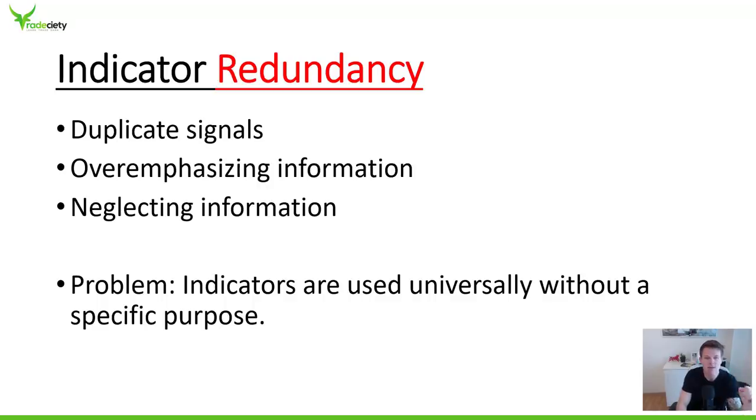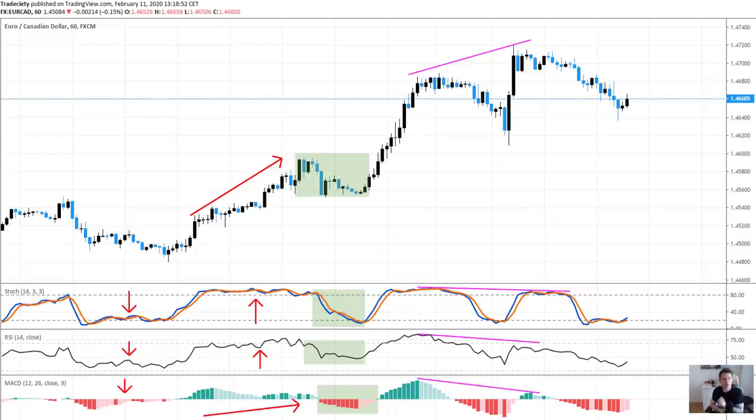The problem here really is that indicators are widely used without a specific purpose. You just throw an indicator on your charts and then you try to find some type of information or some type of signal. This is not how indicators were built or intended to be used.